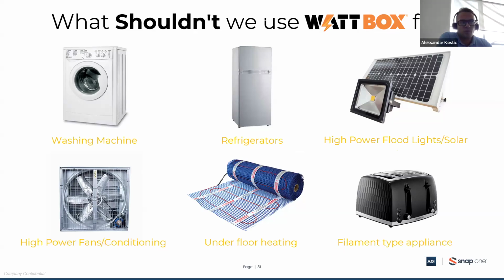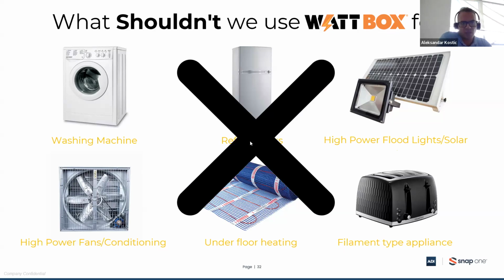So definitely what we shouldn't use the WattBox for are washing machines, refrigerators, and any high energy consumers in the house. So WattBox is practically supporting network infrastructure and smart home automation infrastructure. And that way we have an additional way of control if the IP network fails.